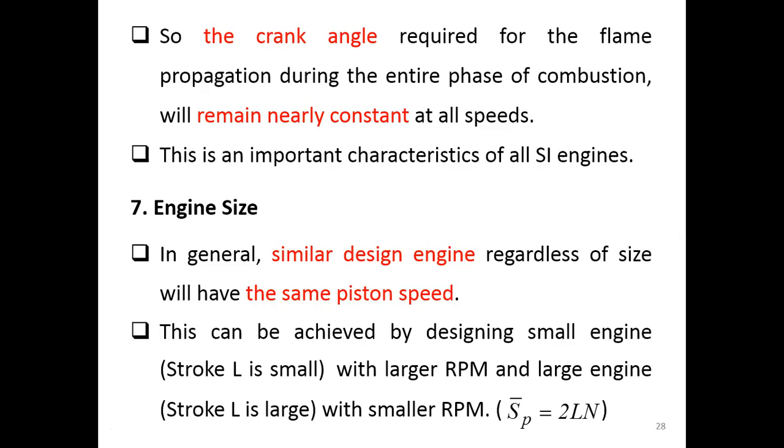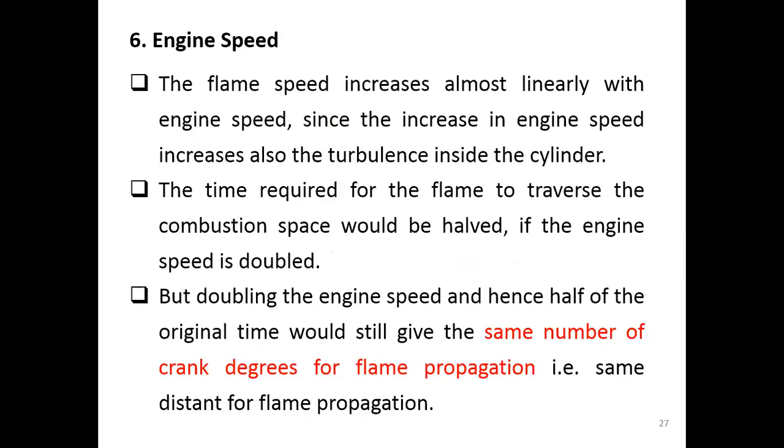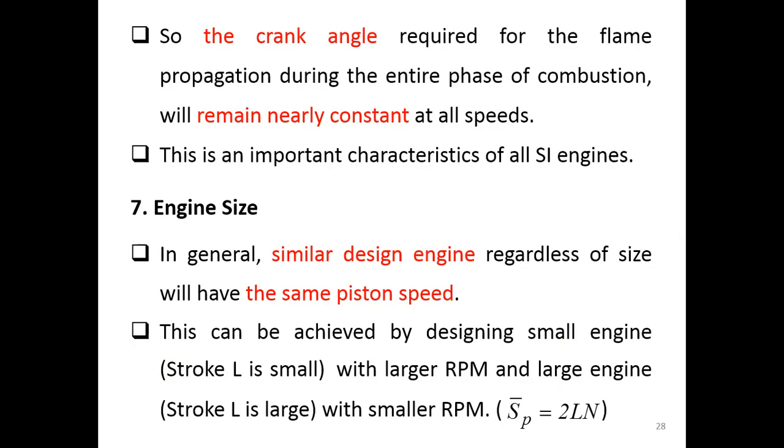You can run this engine at different speeds, but the crank angle has to travel 360 degrees per one revolution. So this is an important characteristic of all SI engines. You increase the engine speed, you increase the flame speed, but the crank angle required for combustion is still the same.